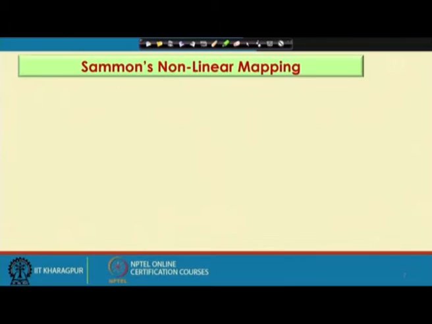Let me start with the first method, that is Sammon's nonlinear mapping. Here what we do is we try to map the data from higher dimension to lower dimension approximately, and this is nonlinear because from higher dimension to lower dimension, exact mapping, that is 1:1 mapping, is not possible.